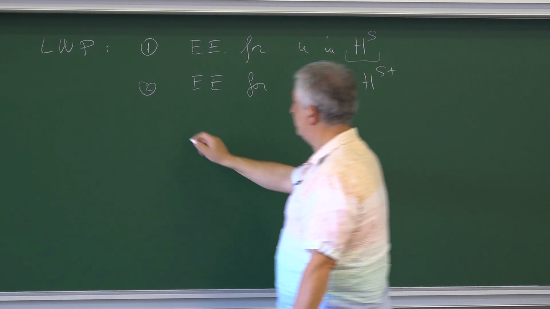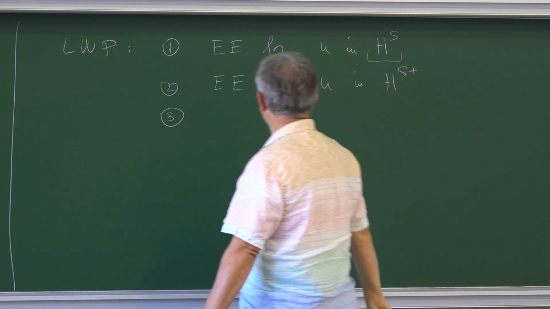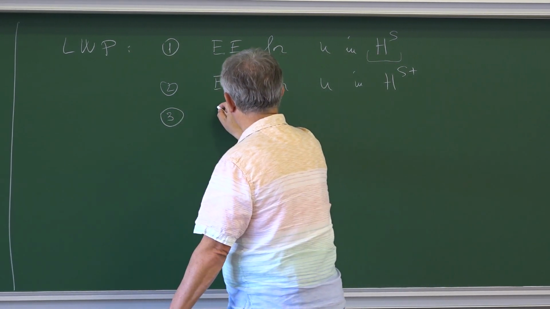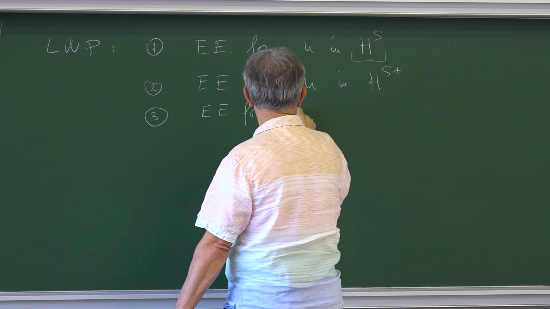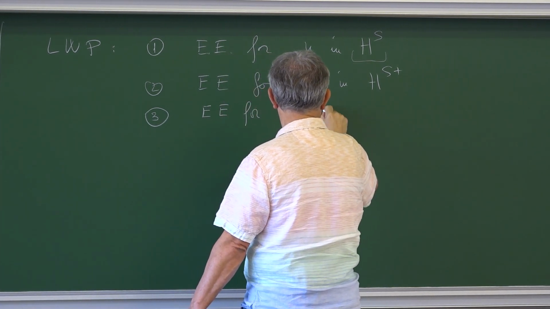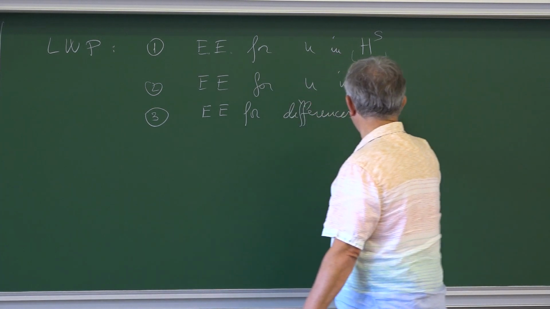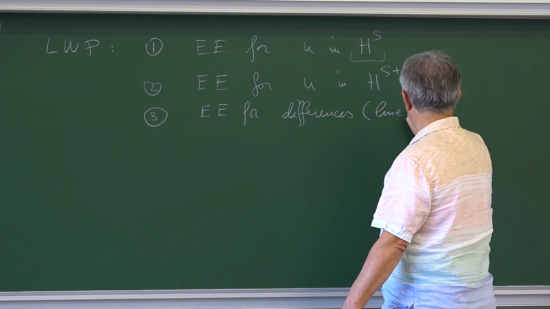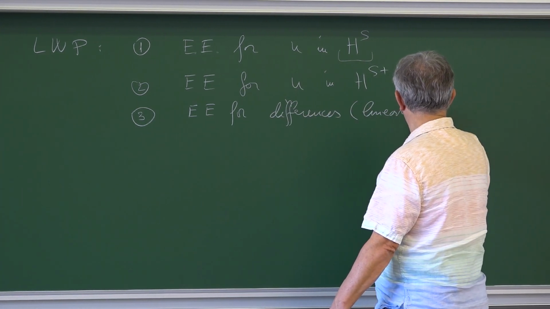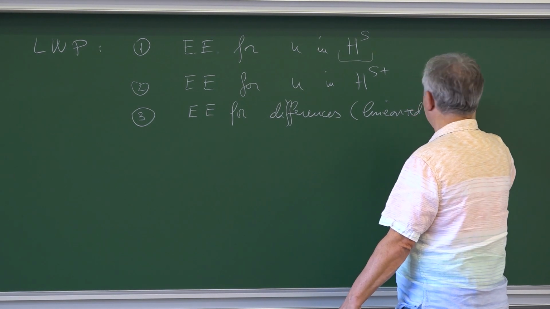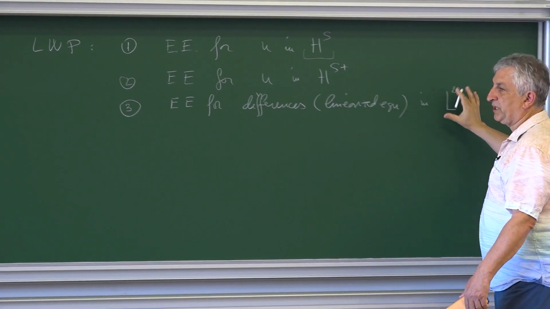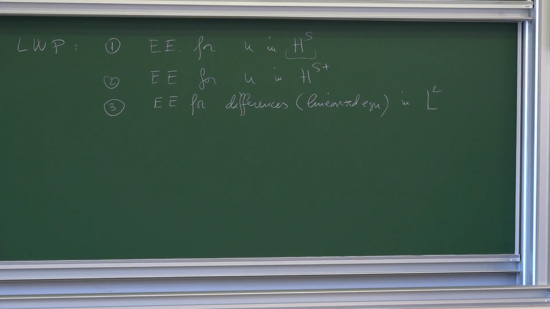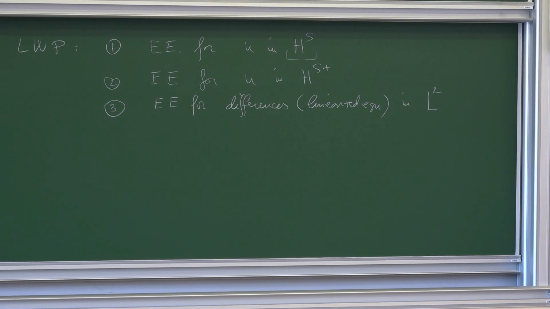And the third pillar of this is to have energy estimates for, let's say, differences, which in this problem is the same as looking at the linearized equation. In our context in L2, this L2 we can wiggle a bit if you want. We can make it a range of Sobolev spaces, but really for local well-posedness, that's all you need.